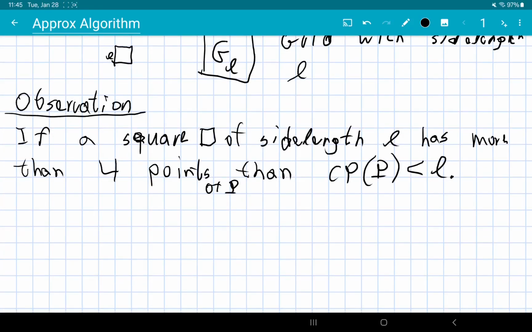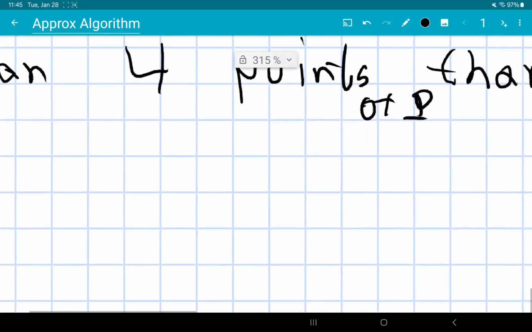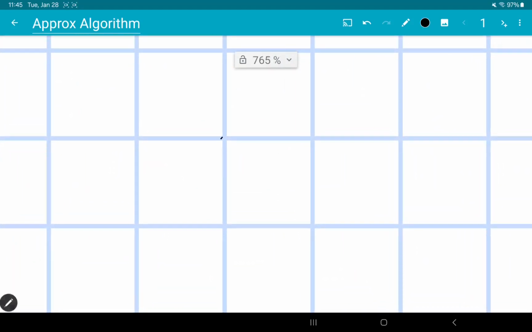The closest pair distance is smaller. And the proof of that, of course, is pretty immediate, right? Let's imagine that indeed our grid is of side L, right?